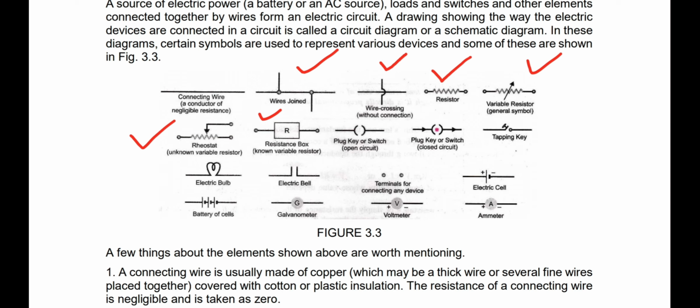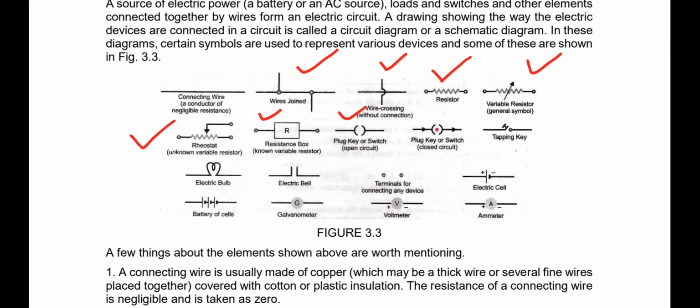If we have two brackets with two straight lines, and in the middle it is empty, then this is a plug key or switch which is open. For a circuit in which this symbol is connected, we say the circuit is an open circuit.